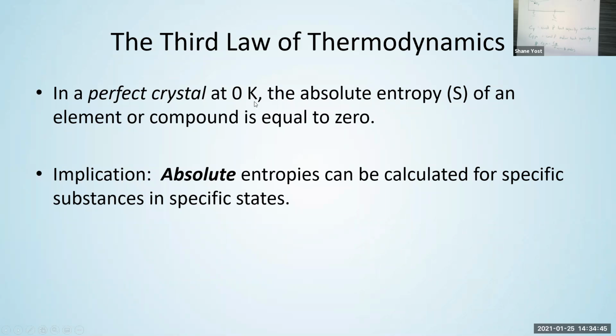So at absolute 0, a perfect crystal of a pure element or compound has an entropy of 0, which means there's a defined minimum value, just like 0 Kelvin is the defined minimum value for temperature. Every molecule has some sort of absolute entropy.